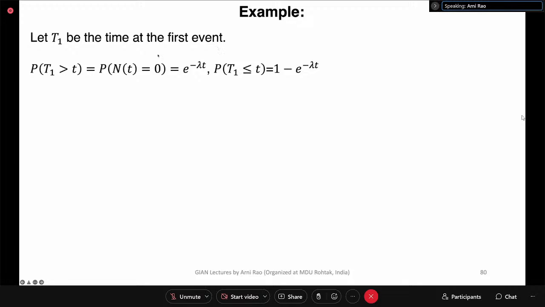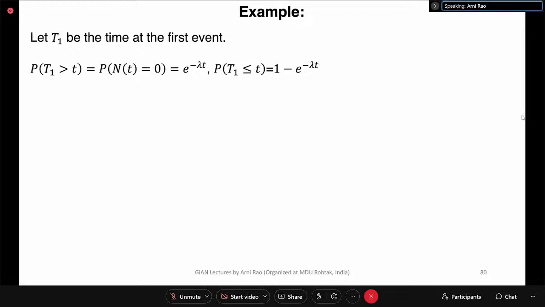Or the first time the COVID patient with hypertension came was 3 weeks after the clinic started. You are counting. Now, the first event occurring beyond t means the number of events at t is 0. These two are the same: the first event occurred more than t means N(t) equals 0.